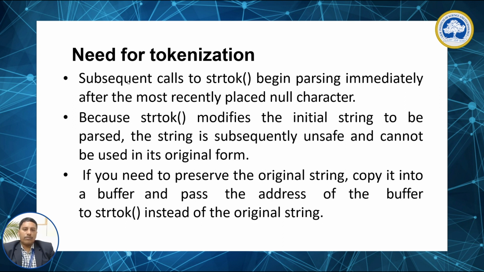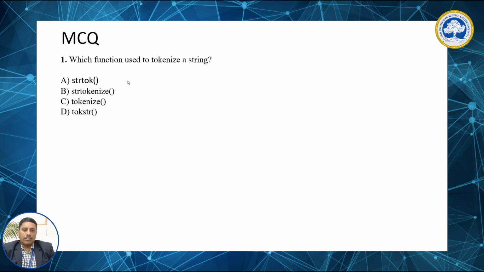Because strtok modifies the initial string, the string is subsequently unsafe and cannot be used in its original form. If you need to preserve the original string, copy it into a buffer and pass the address of the buffer to strtok instead of the original string.